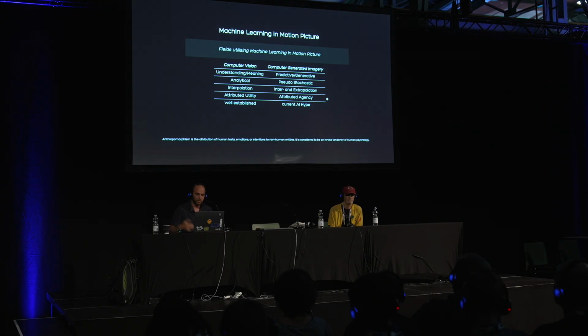On the other side, computer-generated imagery algorithms have a more predictive or generative nature. They try to predict the image that would go along with a prompt, or they predict the next word in a sentence. The computer vision algorithms are analytical.